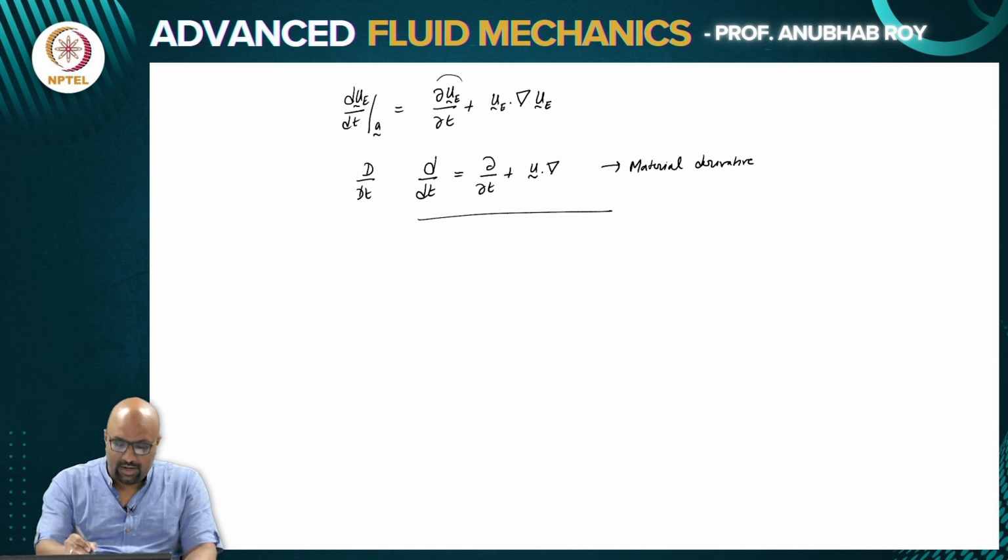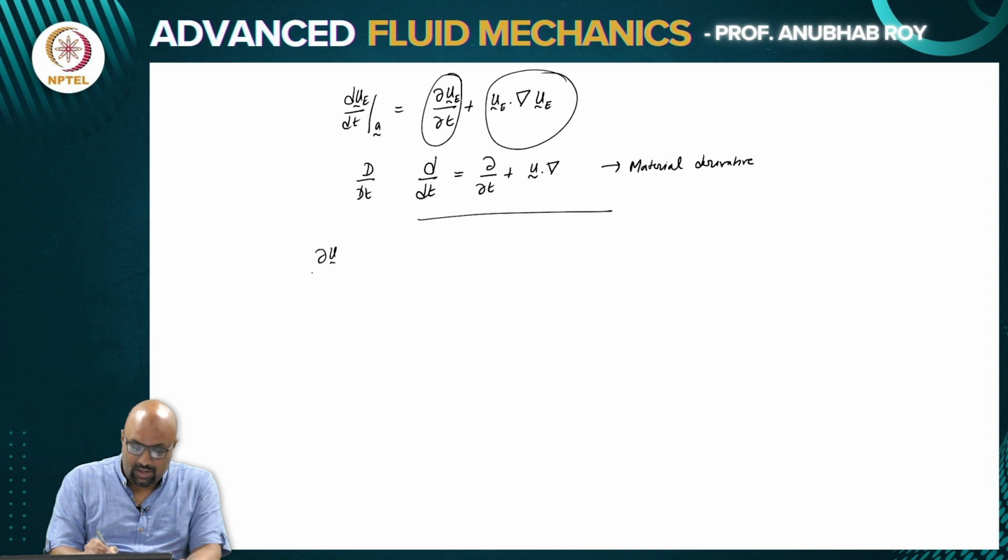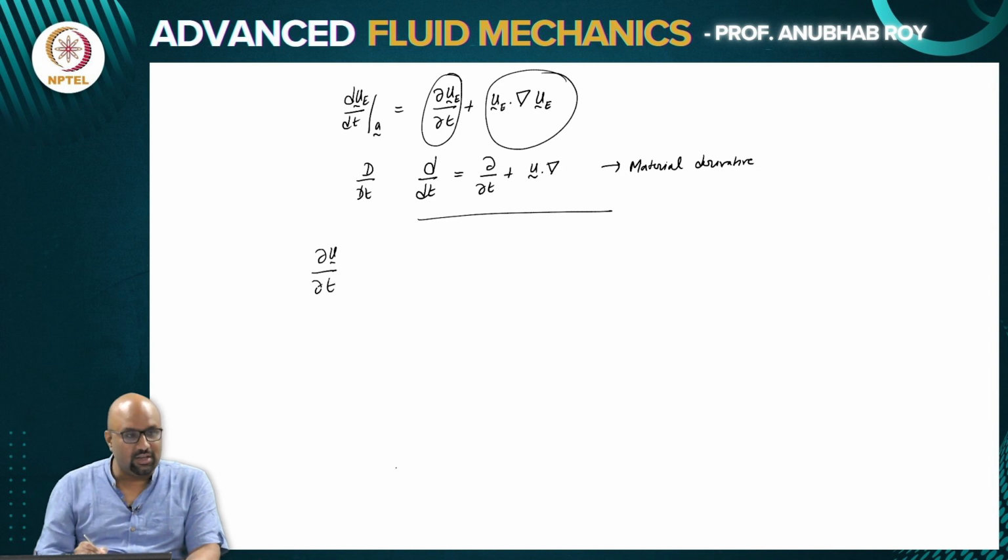And you see there are two key parts. If you focus on these two pieces individually, the first one is the rate of change with time. So this is an unsteady component.